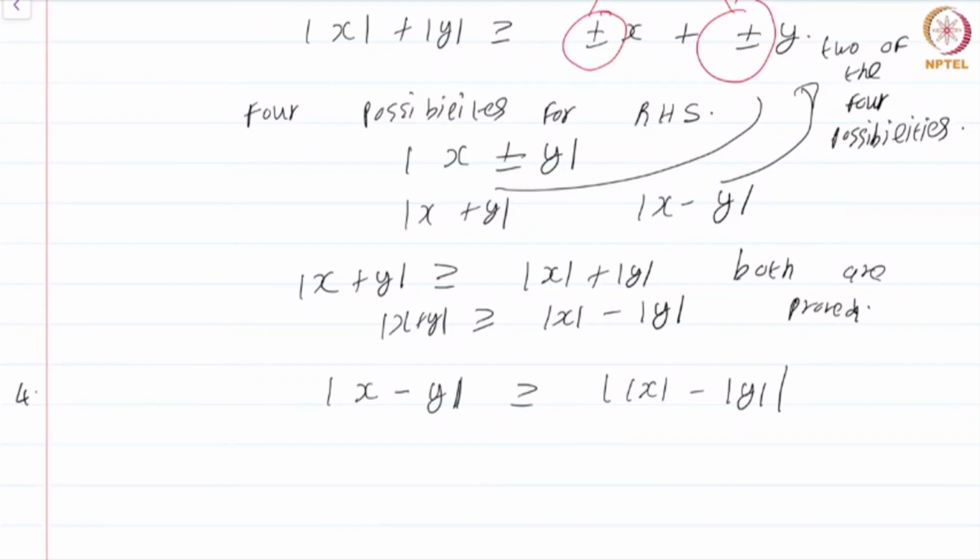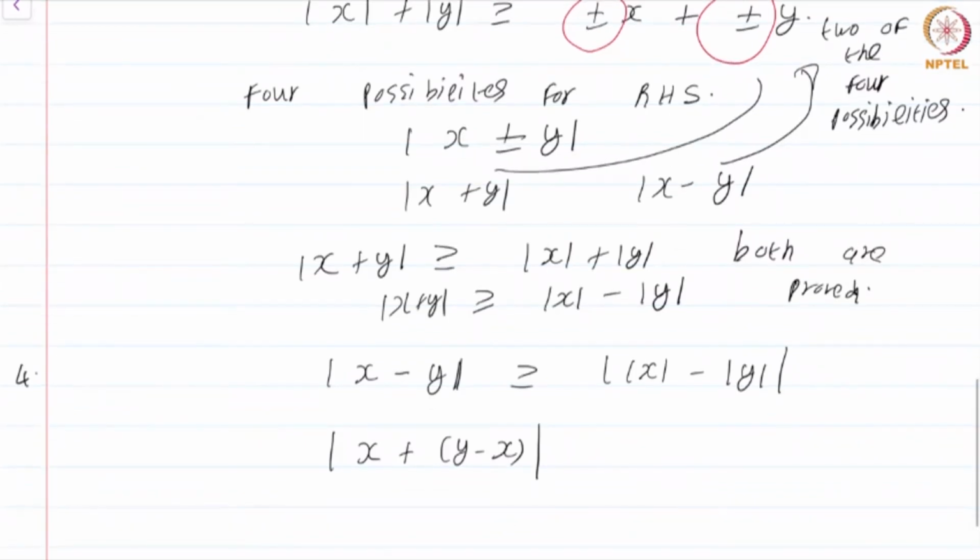Well, look at modulus of x plus y minus x. This is by the triangle inequality less than or equal to mod x plus mod y minus x. Okay. But this is nothing but modulus of y.